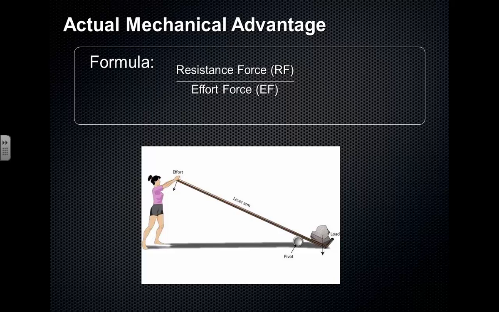So in this case, it would be the weight of this boulder. The effort force is the force it actually takes that you have to apply to use this simple machine. So the force that she would have to pull down on this lever would be the effort force.